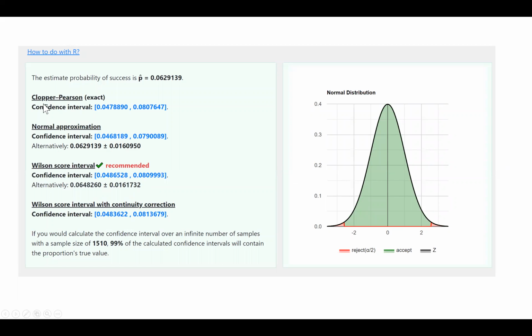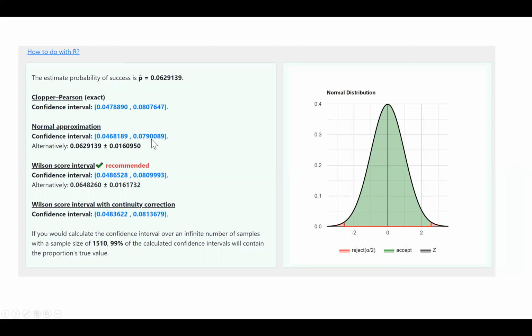So we've got a few things here. There's the Clopper-Pearson model, and we're not going to use that. There's a normal approximation. We are going to use that. That's the one that we want right there. So we are saying that about 4.6 or 4.7% of the phones are going to break before the warranty expires.